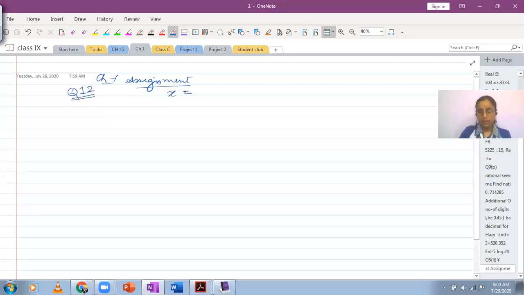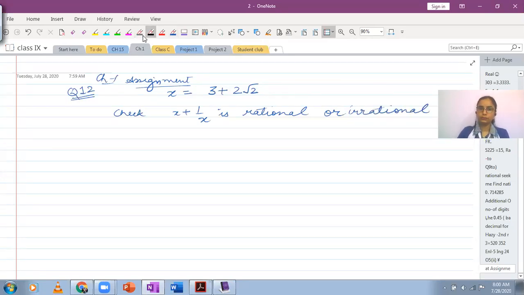You have been given x as 3 plus 2 under root 2, and you need to check whether x plus 1 by x is rational or irrational. This is what the question is. So we want to simplify this by using the value of x as 3 plus 2 root 2. So if I simply put the value, this is what I get.